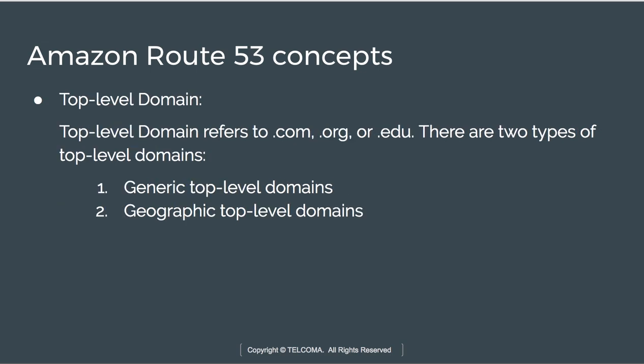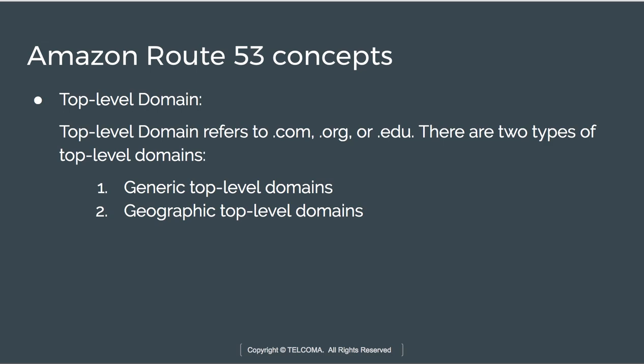Next, what is a top level domain? .com, .org, .edu. We have two types of domains: generic top level domains and geographic top level domains. Generic top level domains typically give users an idea of what they will find on a website.